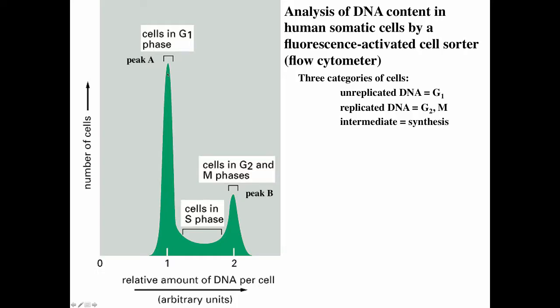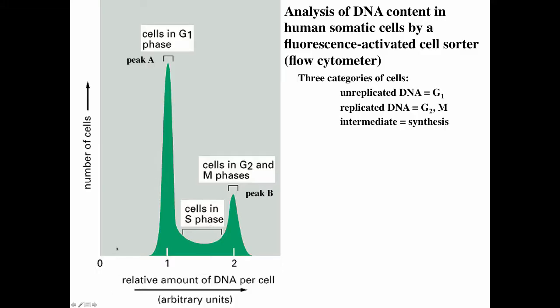And then there are cells that have replicated the DNA. These would be the cells represented in peak B. And those could be cells that are either in G2 or in the early M phase of the cell cycle. And then there are cells that are intermediate between these two peaks. These would be cells in the S phase of the cell cycle.